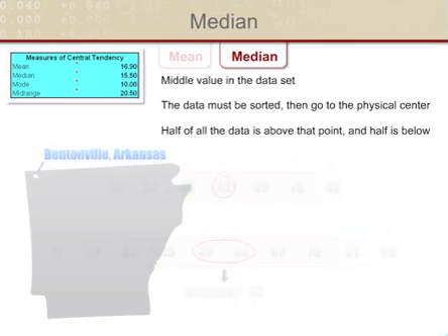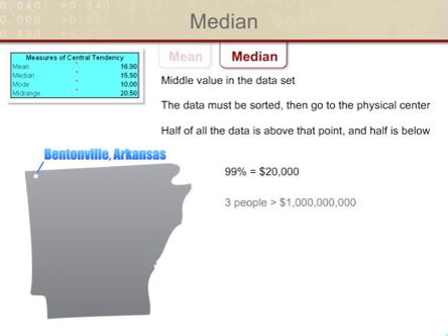So if I go back to Bentonville, Arkansas, let's suppose that 99% of the population there is really making $20,000-ish salaries, and there's those 3 billionaires that live there. The median of $20,000 tells me half the people are making above that, half the people are making below that.